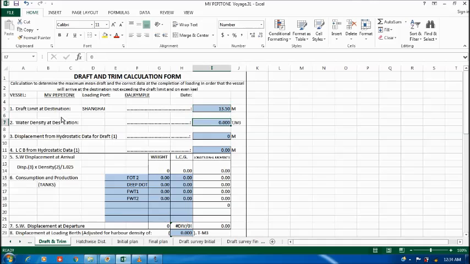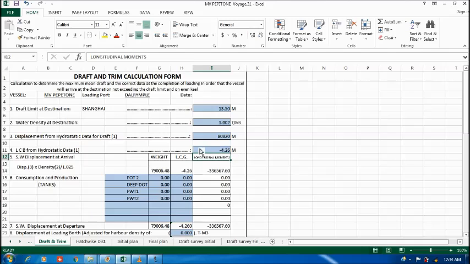And we're going to put the water density at destination, 1.002, and a displacement of 80,820 and an LCB of negative 4.26.